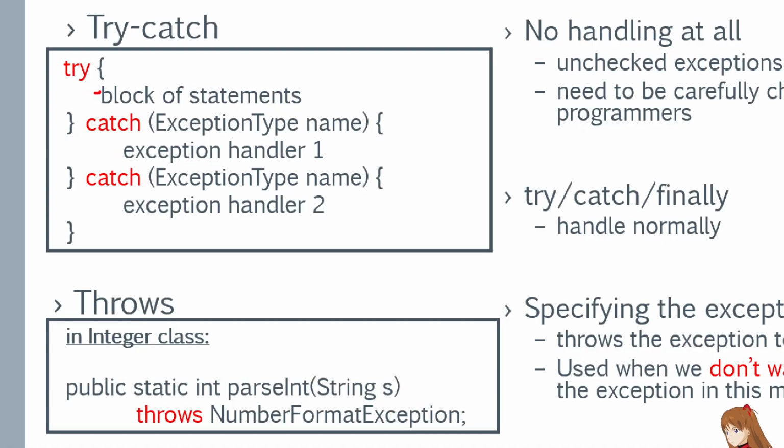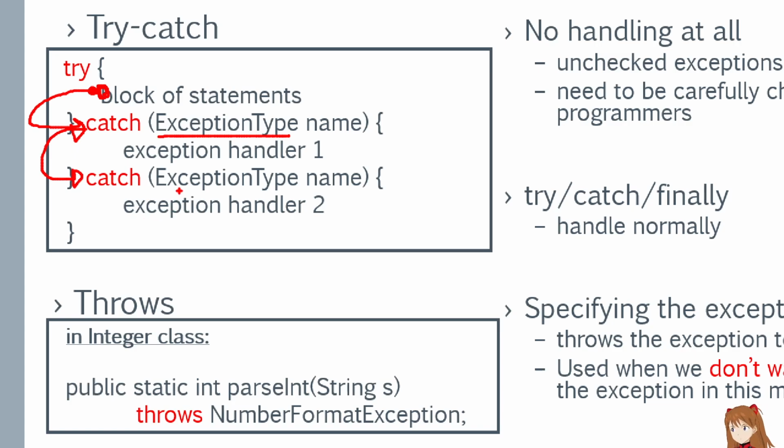Alright? If the exception takes place, the control jump to the first catch block. But if the first catch block does not catch the exception type that actually create here, right? If it's a different type of exception, the control will go to the second catch block and so on.